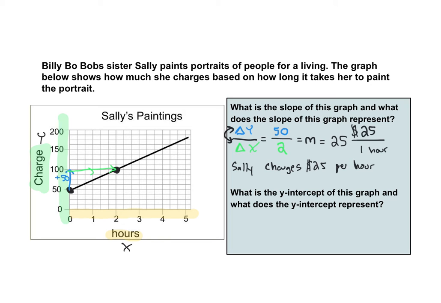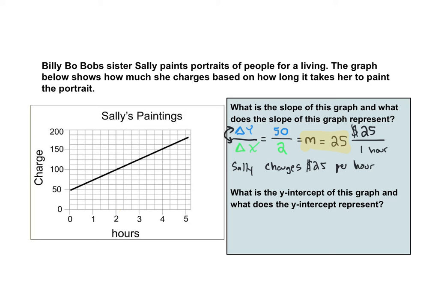And I'm just going to highlight my m in there because I'm going to need that for writing my equation in y equals mx plus b form. So my slope is 25. So now I'm going to look for my y-intercept. So let me clear off some of these scribbles. And let's look for our y-intercept.